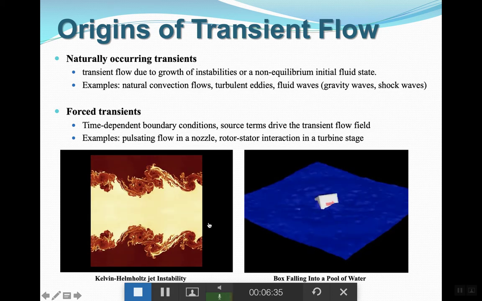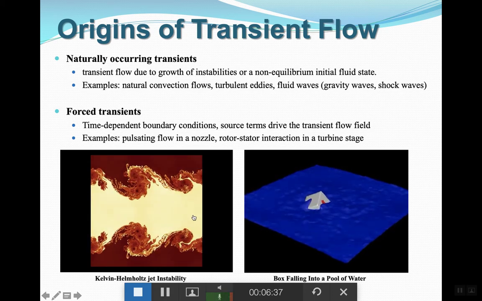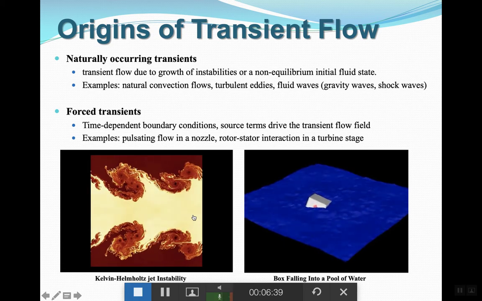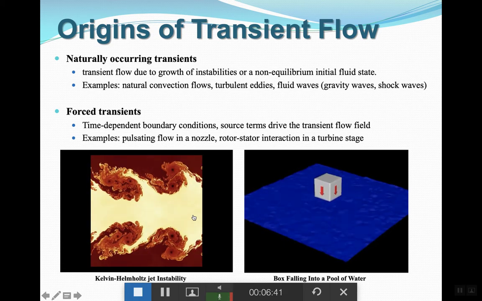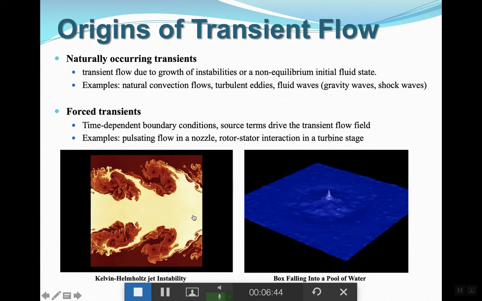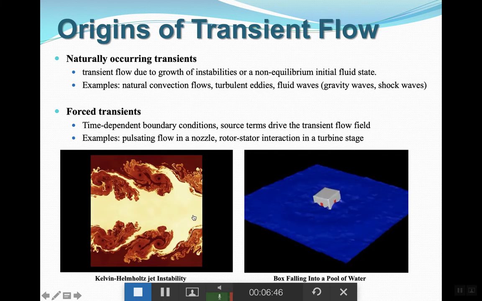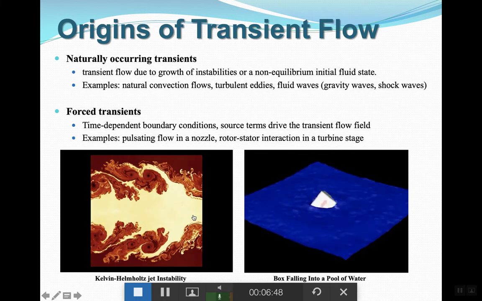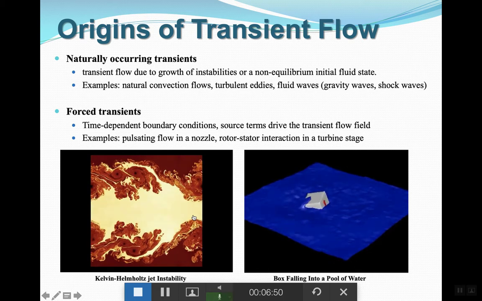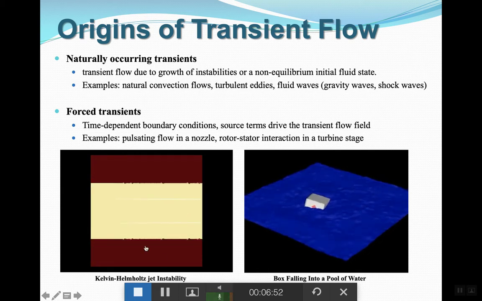On the left-hand side, you have something called KH jet instability, or Kelvin-Helmholtz jet instability. If any of you have taken the multiphase course of Dr. Ashkrez in the mechanical department, you are very familiar with this.